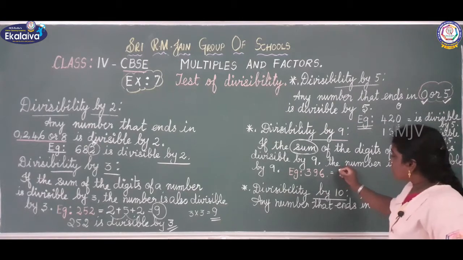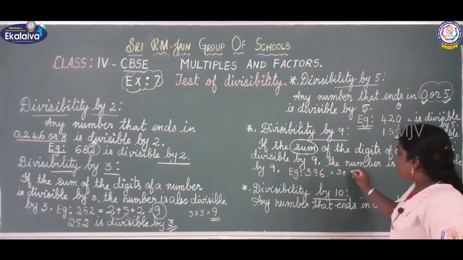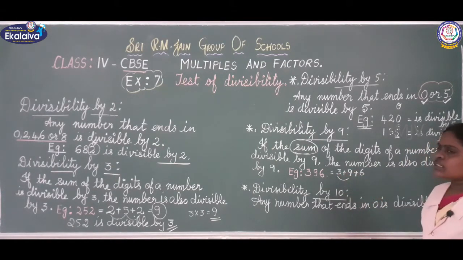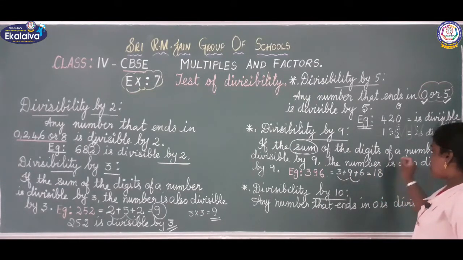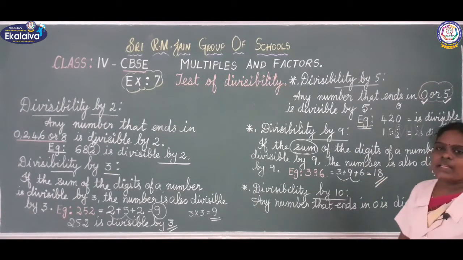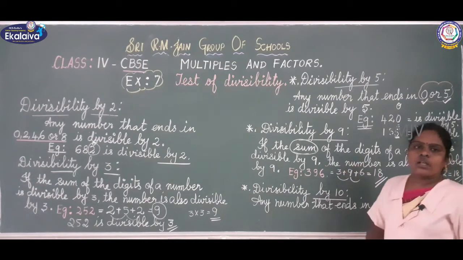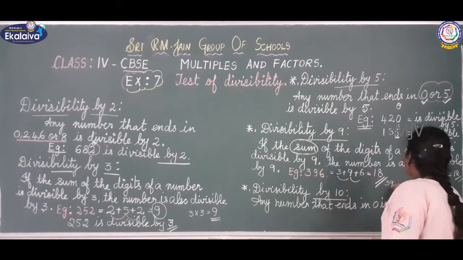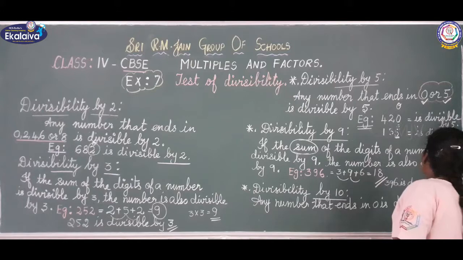So now we will find the sum of the given digit. 3 plus 9 plus 6. 3 plus 9, 12. 12 plus 6, it is 18. Now look into the ninth table. Will you get 18? Yes. 9 2s are 18. So the sum of the digit is divisible by 9. Therefore, the given number is also divisible by 9. That means 396 is divisible by 9.